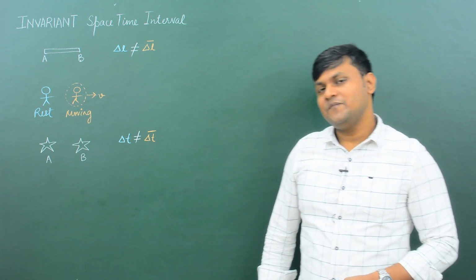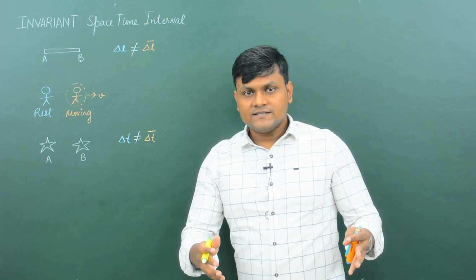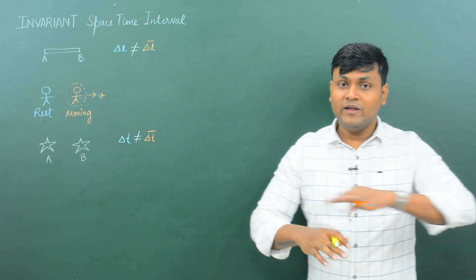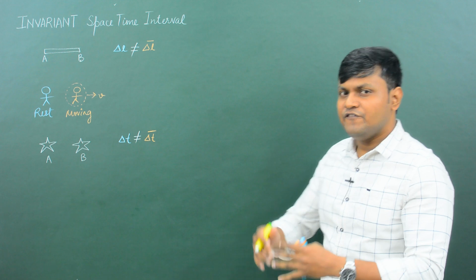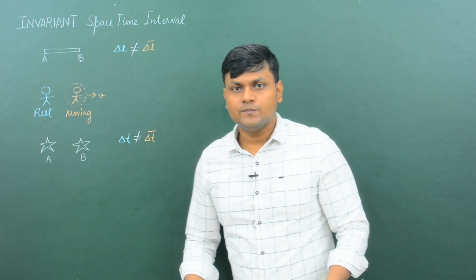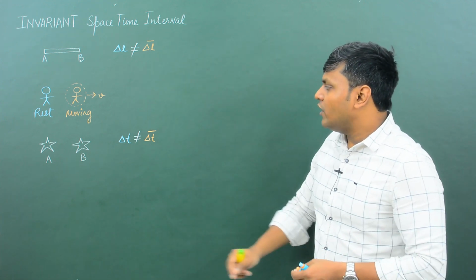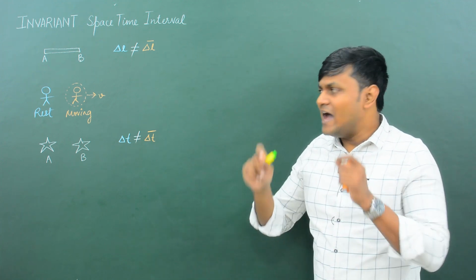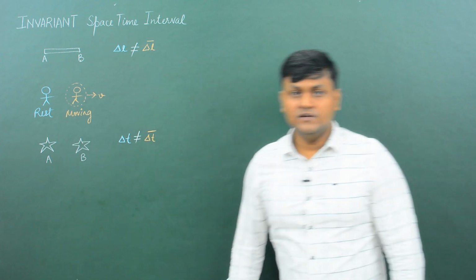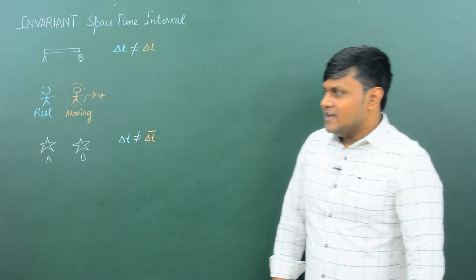Gone are those days. In modern physics, and this is very much apparent only when relative velocities are very, very high, of course, but as a physical principle, the distances between any two points and the time periods between any two physical events are not the same for two different observers in relative motion.